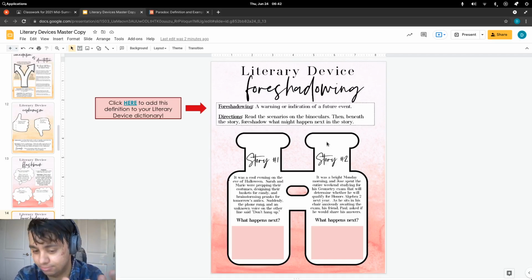Sarah and Marie, two friends we would assume, are together and they're thinking about how their Halloween's gonna go. They are thinking about costumes, they're thinking about their baskets, and they're thinking about pranks to play. And then the final event is that the phone rings and a stranger, somebody that they do not know, says, "Don't hang up." Now, from this, there are many things that can happen.